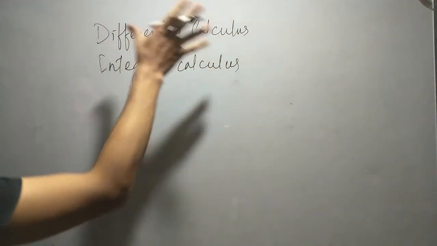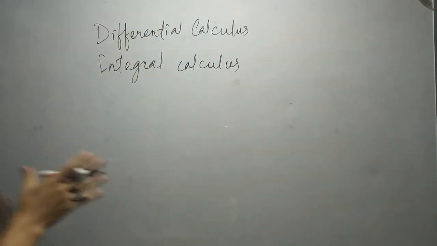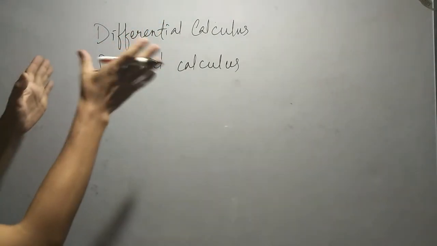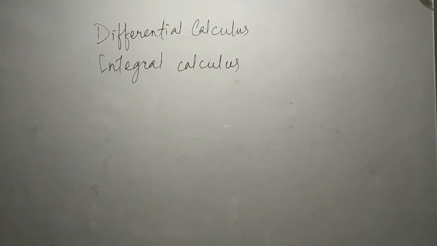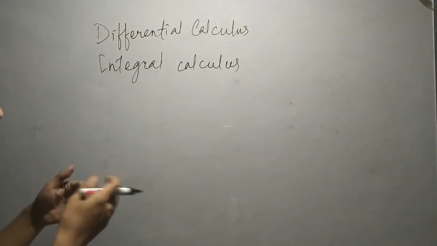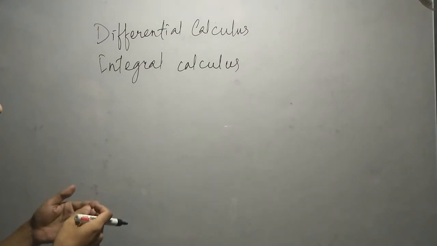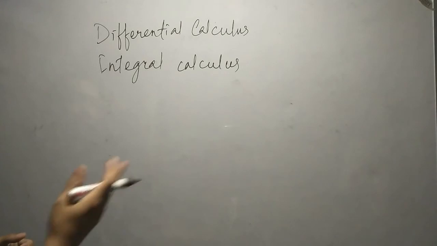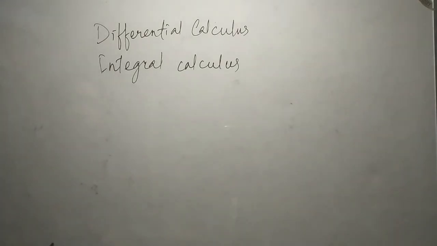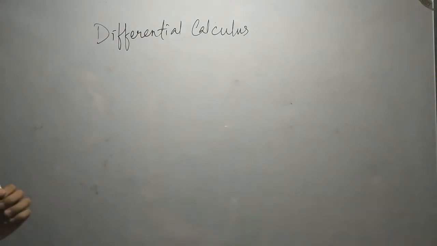For differential calculus, if you apply differentiation, then the final answer will be less than the initial value. And for integral calculus, if you apply integration, then the final answer will be more than the initial value. In this video we will deal only with differential calculus.